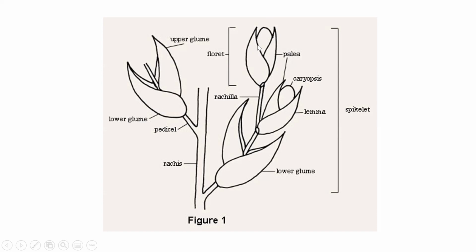And the seed is surrounded by two husks, and these are called the lemma and the palea. Palea is just a small one, the lemma's the one that is often larger, and it will kind of sit around the palea.